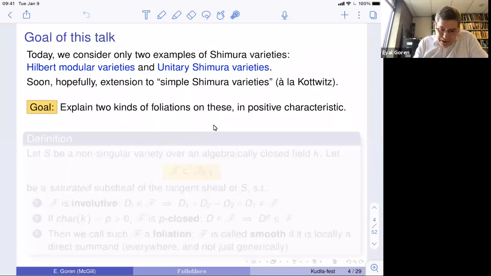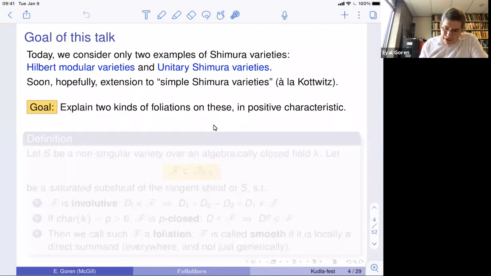We hope that we'll be able to extend all this work at least to the context of simple Shimura varieties in Kottwitz's sense, but there's still a lot of work to be done to get there. My goal is to explain two kinds of foliations on these examples. I will use the Hilbert modular varieties to explain one source of foliations, and unitary Shimura varieties to explain another source of foliations.